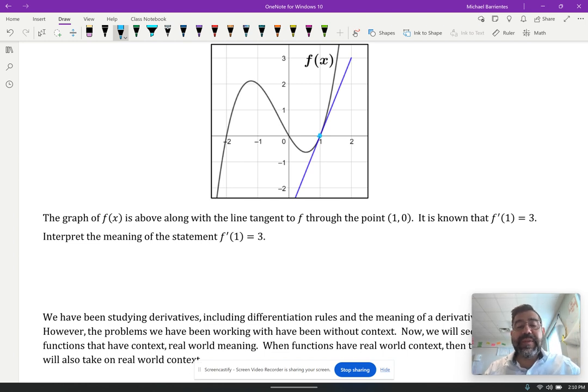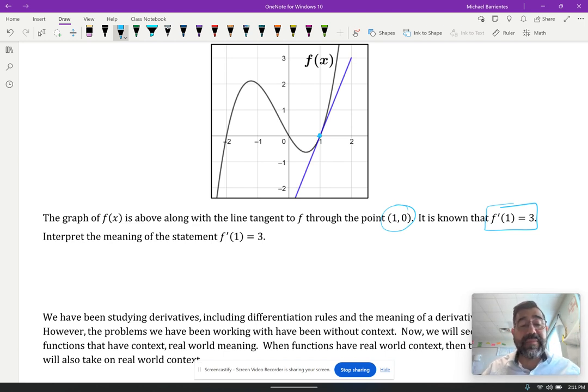So we know a couple of things. We know that this point is both on the tangent line and it's on the curve, right? But what we also know, or I guess it is given to us, is that f prime of 1 equals 3. So what does that mean?